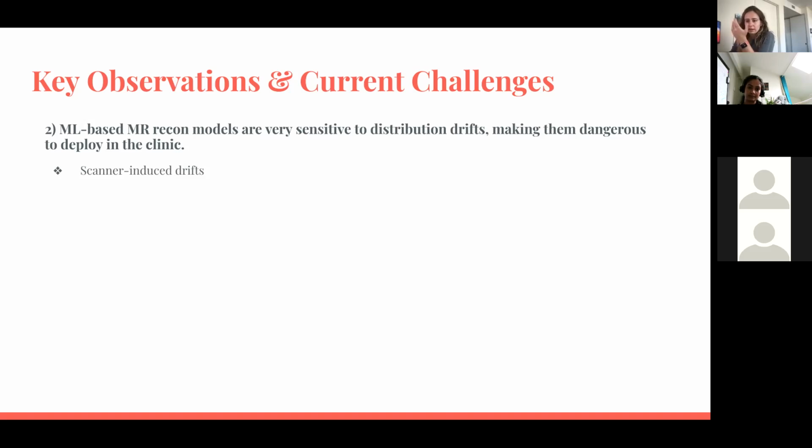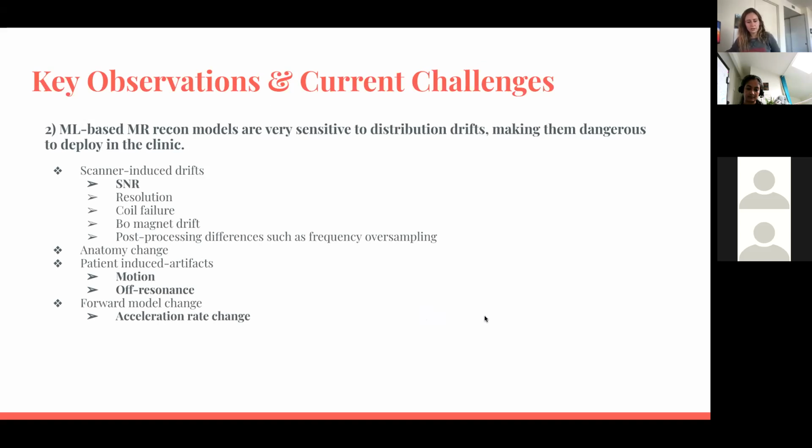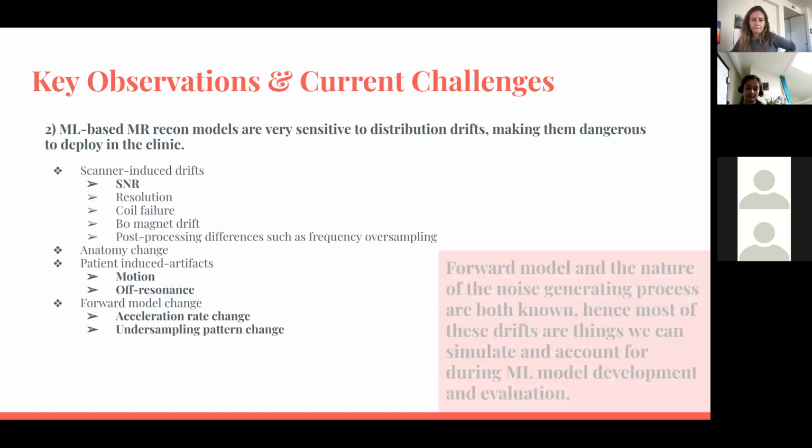There's GE, Siemens, etc. So there are scanner-induced drifts, which can be related to signal-to-noise ratio, resolution, coil failure, magnet drift, post-processing differences, and also anatomy change, patient-induced artifacts such as motion, which is very prevalent in all of the scans, off resonance, and forward model change, which can include acceleration rate change. Also, remember I talked about how you're undersampling the k-space.